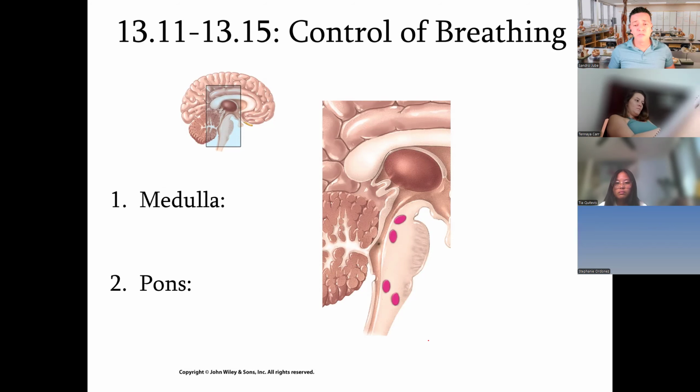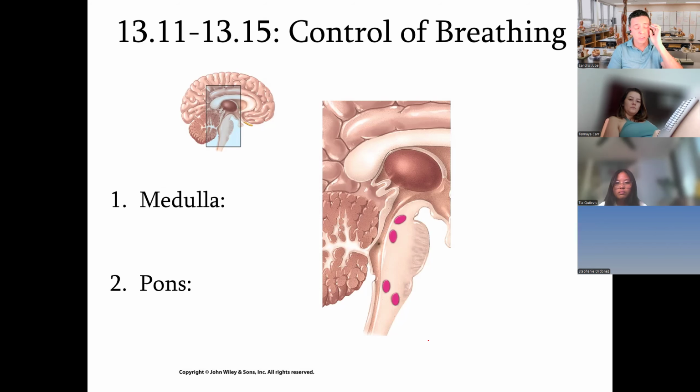The diaphragm is a voluntary muscle. So right now I can do this. And that is voluntary. I'm increasing my respiration rate by contracting and relaxing my diaphragm. So our breathing has both an autonomic and a somatic control.